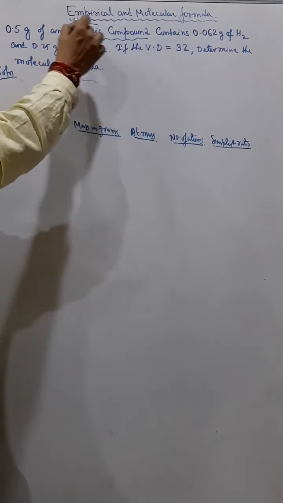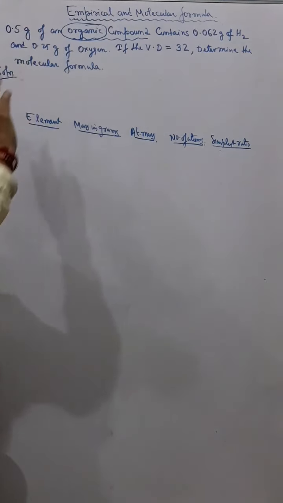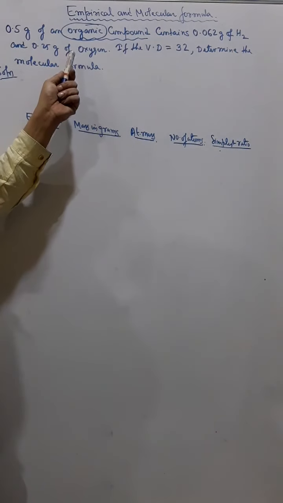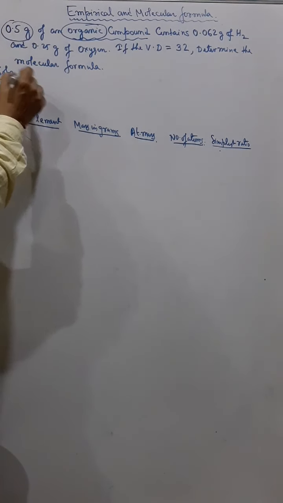Now first of all you have to understand this is an organic compound. Organic compound means it is a carbon compound, so carbon has to be there. And you can understand here they have given you hydrogen and oxygen, but they have not given the mass of carbon. But since they have given us the total mass, we can calculate the mass of carbon.